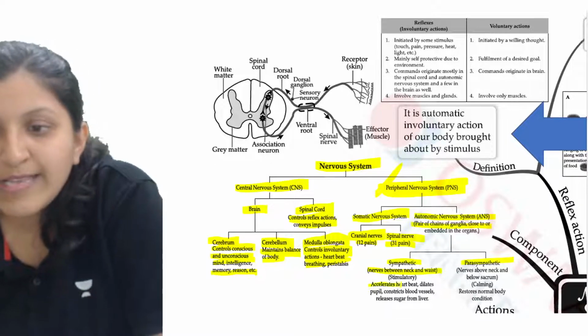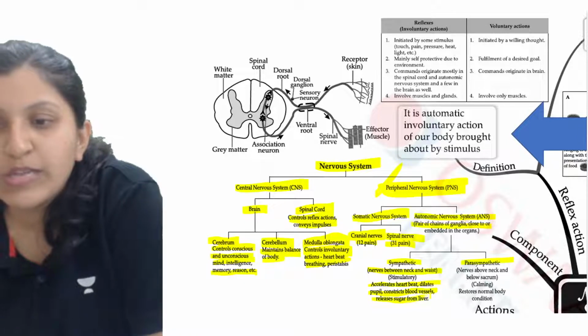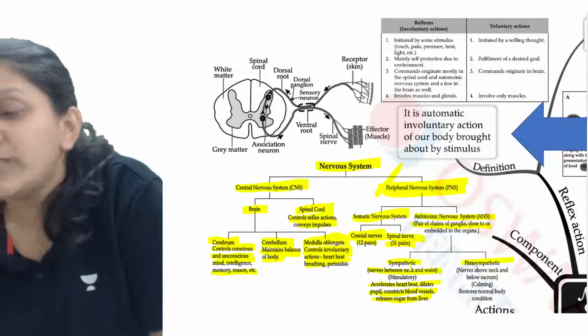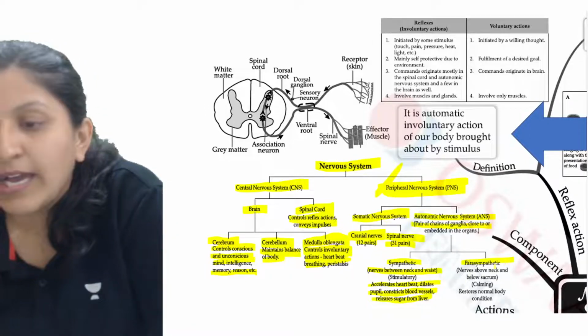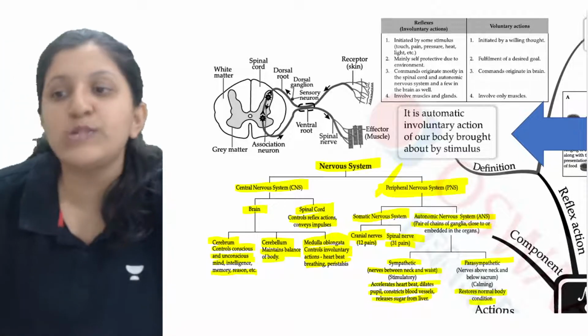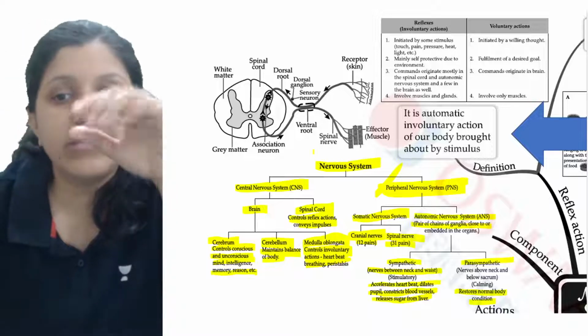Sympathetic accelerates heartbeat, dilates the pupil, and constricts blood vessels to release sugar from the liver, so it is preparing your body for those actions. Parasympathetic restores the normal condition. So this is with respect to the nervous system.